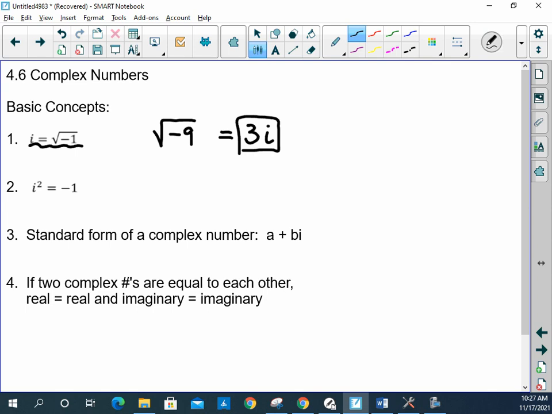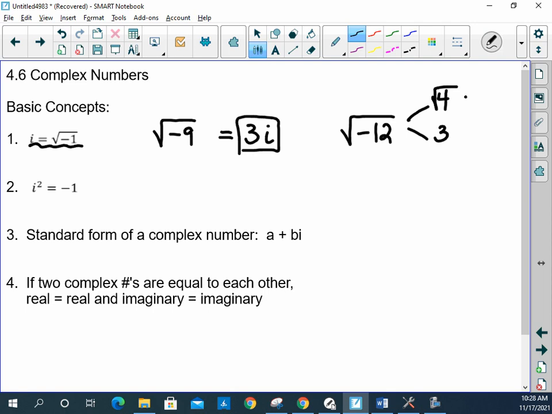Same rule applies if you had to simplify the square root. So for example, if you have the square root of -12. 12 is not a perfect square, but we can simplify it into 4 times 3.